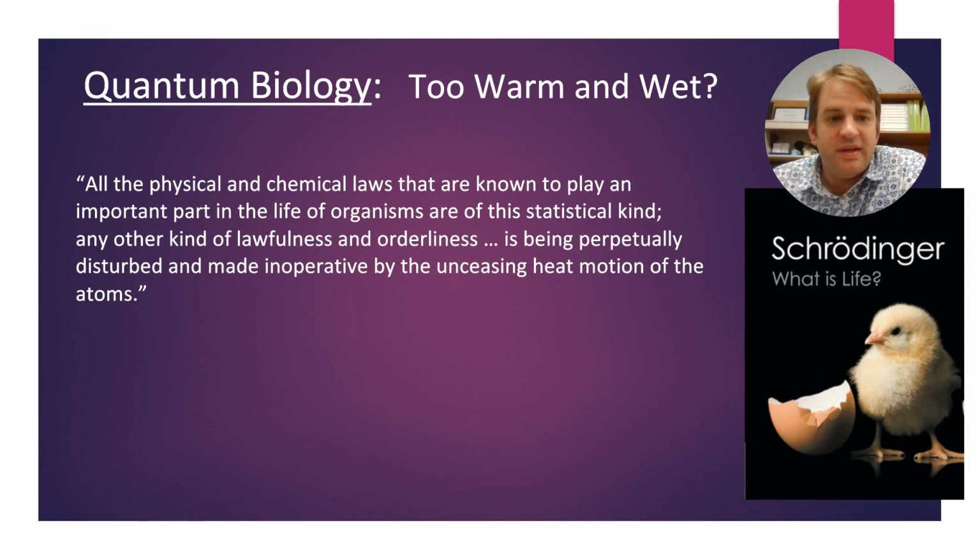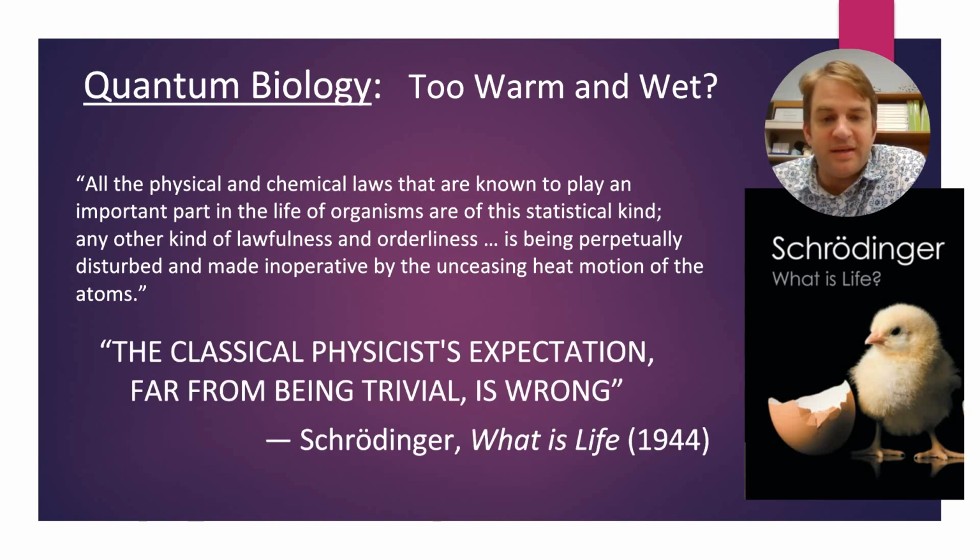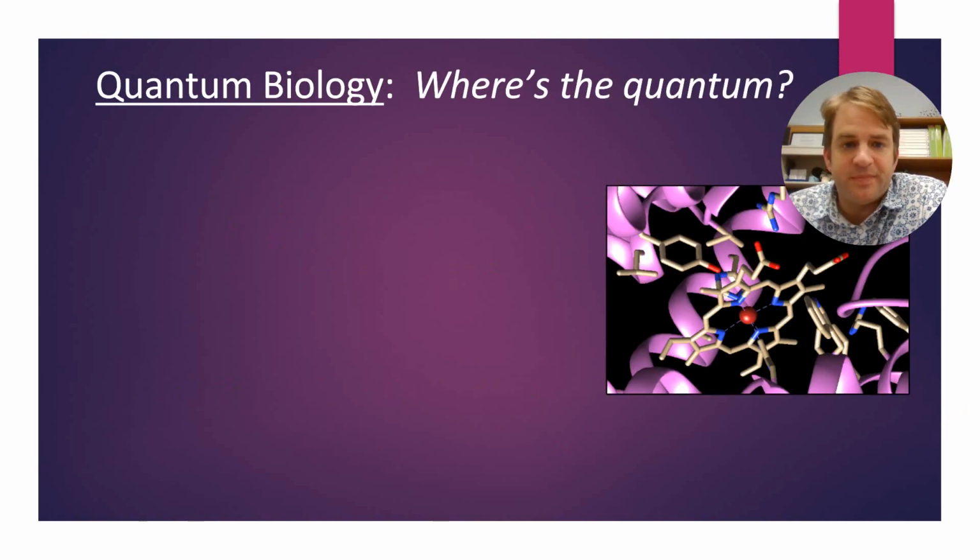But of course, this is based on classical assumptions, and we know, in fact, that there is lawfulness and orderliness, even on the microscopic scale in the organism, which tells us immediately, and this emphasis is Schrödinger's, that the classical physicist's expectation, far from being trivial, is wrong. So we know that classical physics cannot predict the kind of effects we see at the microscopic scale in biology.